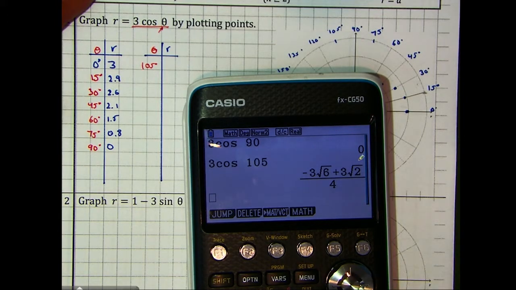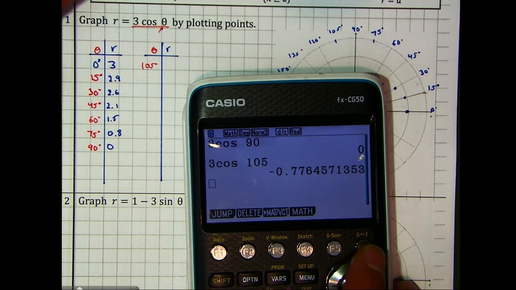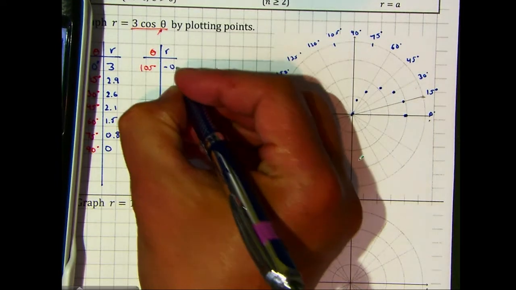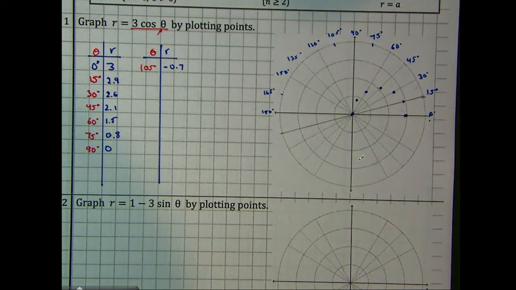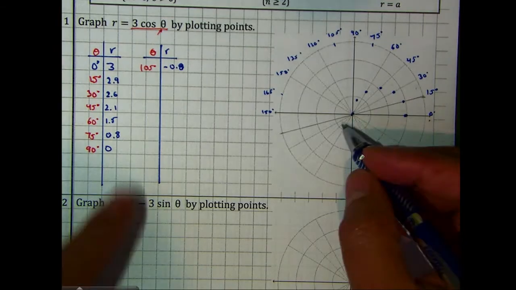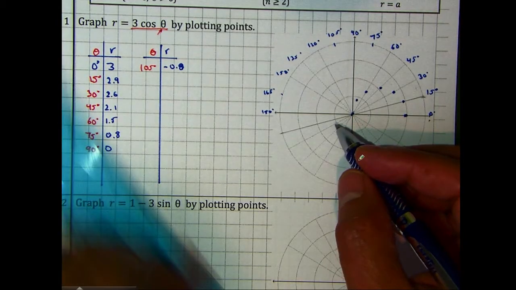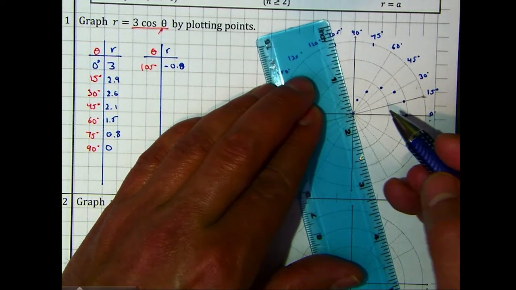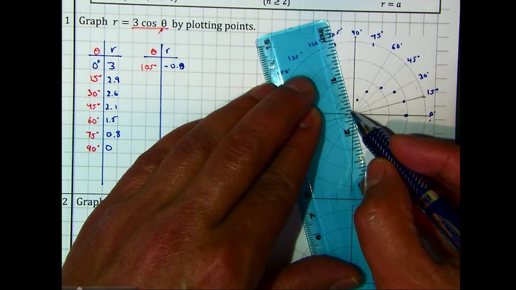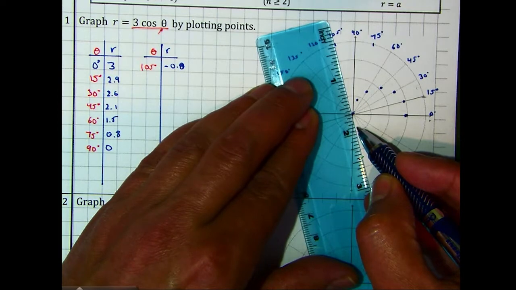I want to add a decimal. It will be negative 0.7 or 0.8. So if you can remember, what happens if you have negative? If it's negative 105, instead of going forward, you're going to go backwards, 0.8.